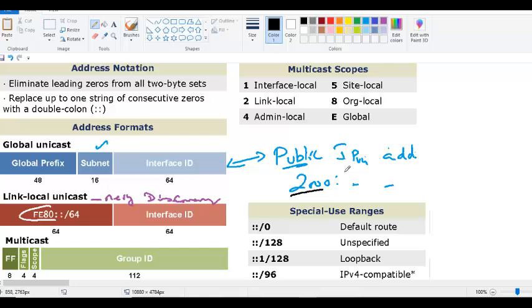As of now, you should know that there are two unicast address. One, global unicast address. The other one is link local unicast address.